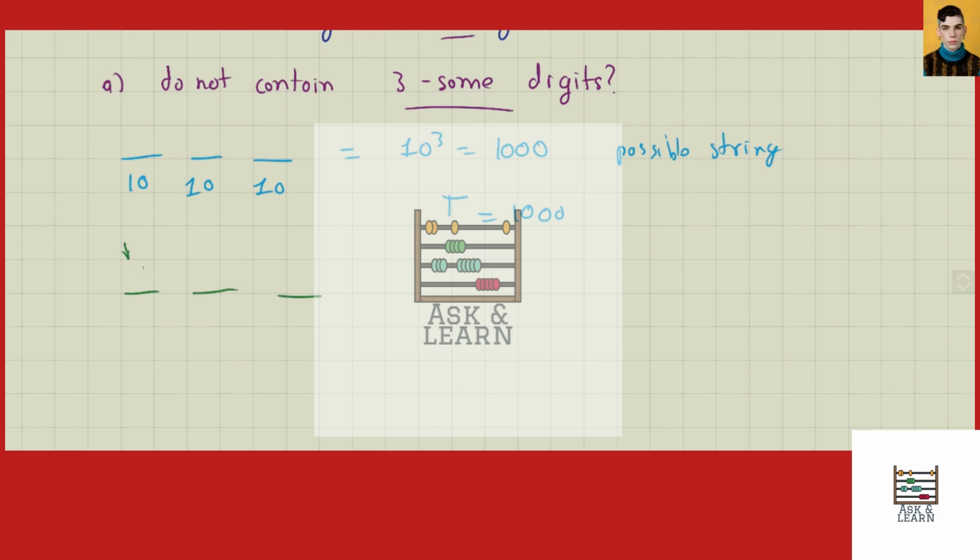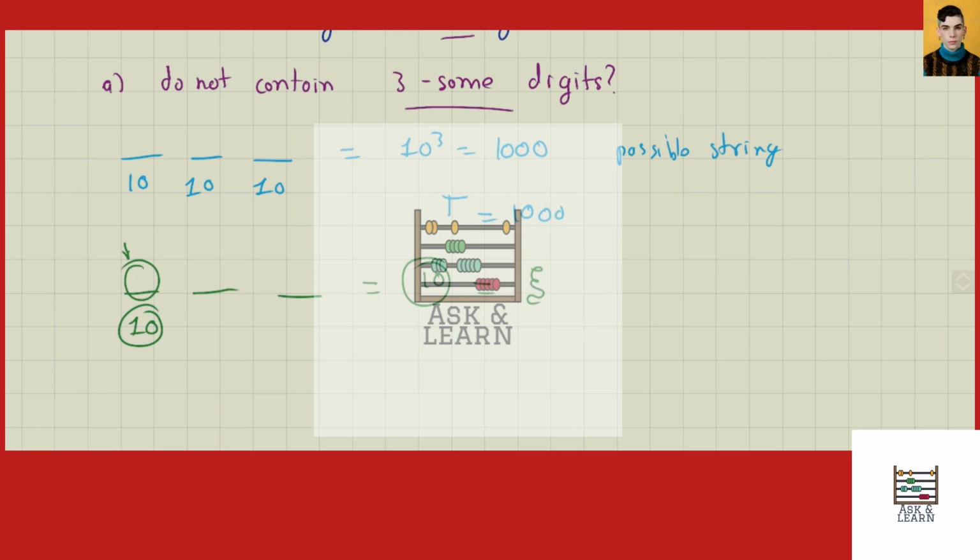So we just need to focus on the first position, and here we have 10 possibilities. So those that have the 3 same digits are only 10 of them. And this I'm going to label by the letter psi.